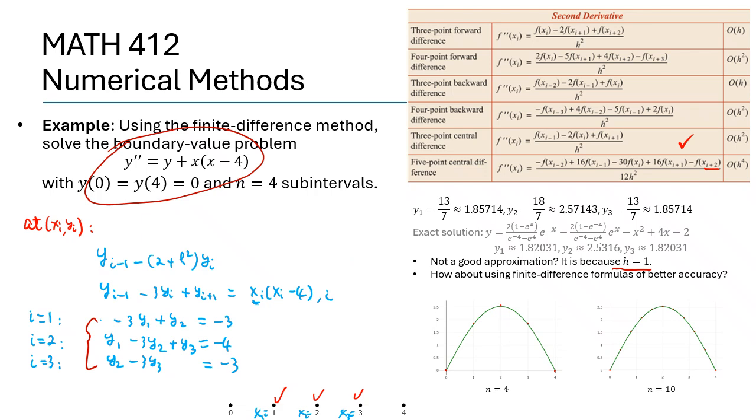So how about choosing a smaller h and using more subintervals, say 10 subintervals? Now on the graph our eyes cannot tell the difference. All the numerical solution points seem to be on the curve.